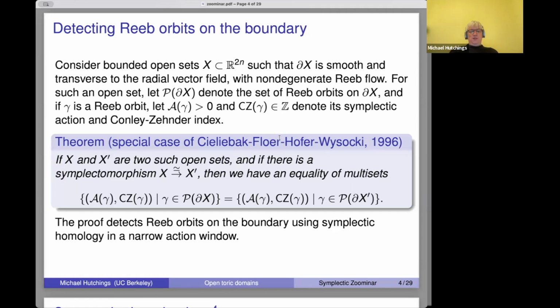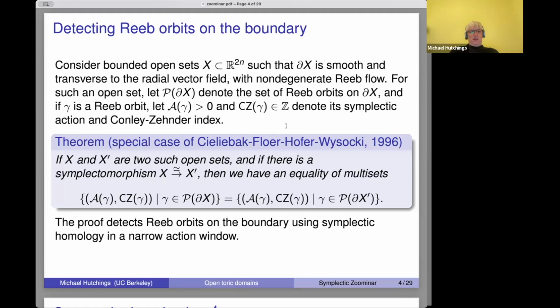Back in the 90s, there's a paper by Floer, Hofer, and Wysocki, which proved that the actions and Conley-Zehnder indices of the Reeb orbits are symplectic invariants.